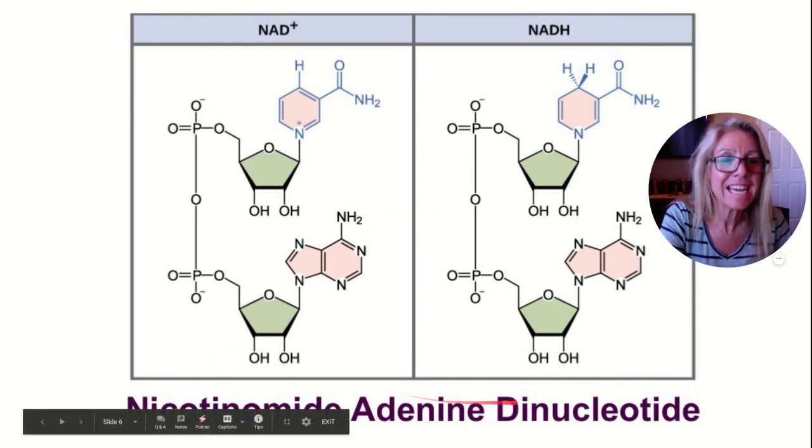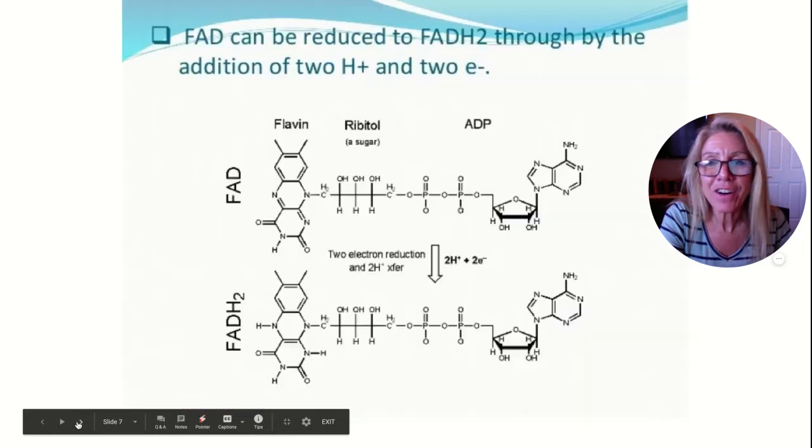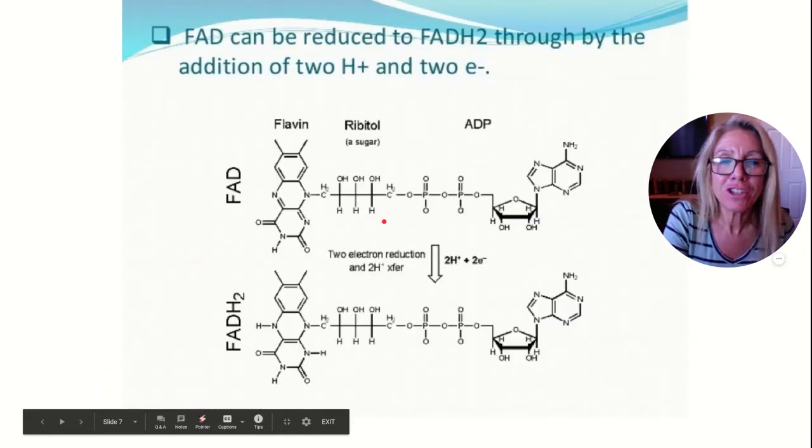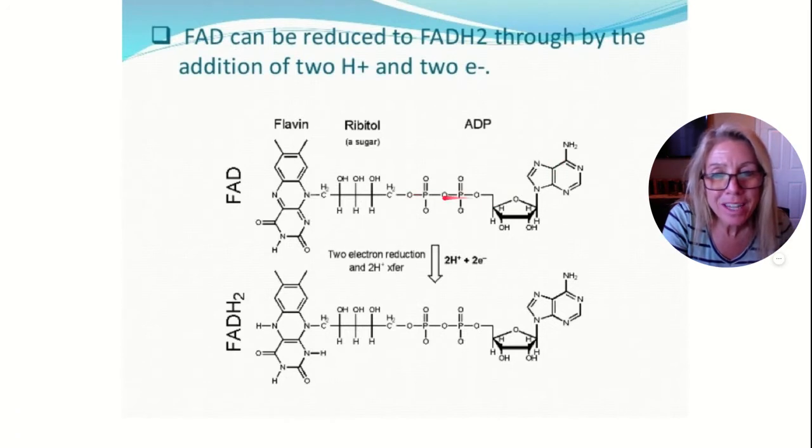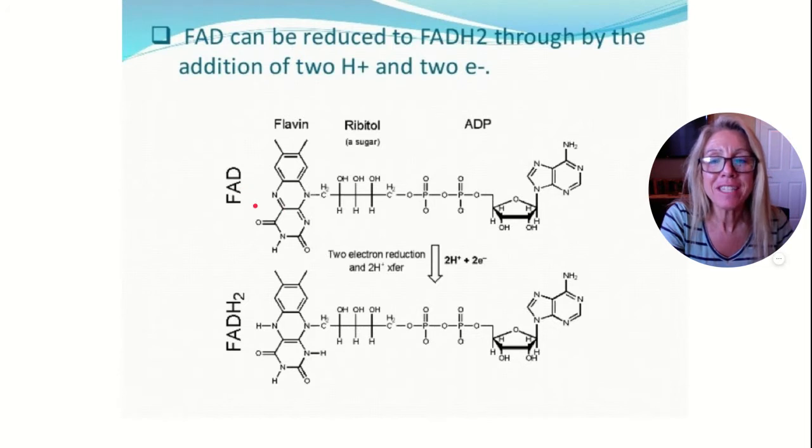That is NAD, right? There's another guy called FAD. Again, you do not need to memorize these, but in case you wanted to know what this molecule looks like, look, there's some phosphates in there, this flavin right here. Here's FAD, and here's FADH2. So the hydrogens are added on right here and right here on these two nitrogens. So they are both carriers.